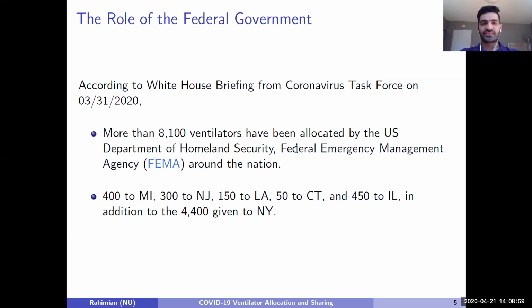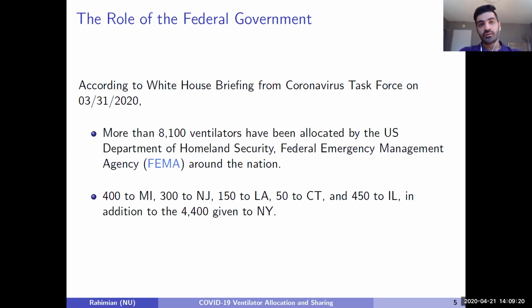Different states got part of this initial inventory of ventilators. For example, 400 ventilators went to Michigan, 300 went to New Jersey, 50 to Connecticut, and 450 to the state of Illinois, in addition to the 400 ventilators that went to New York.